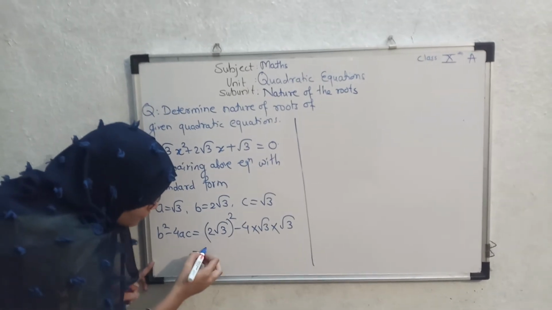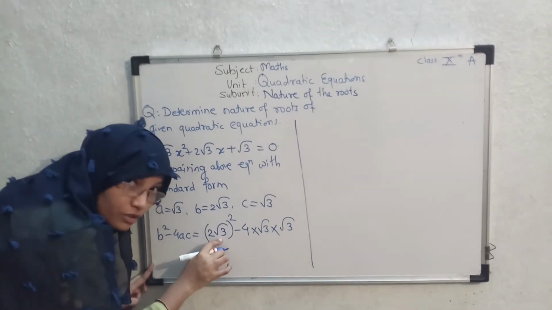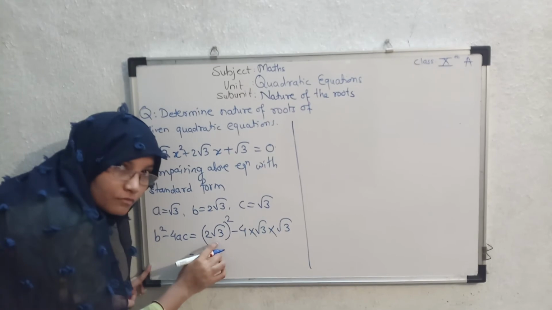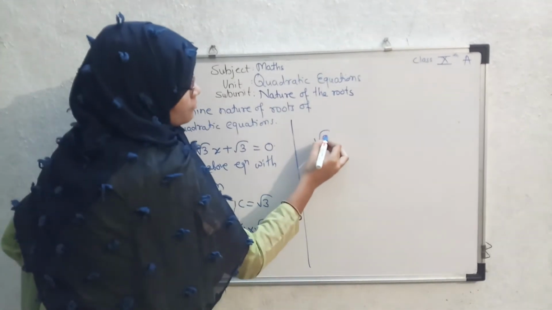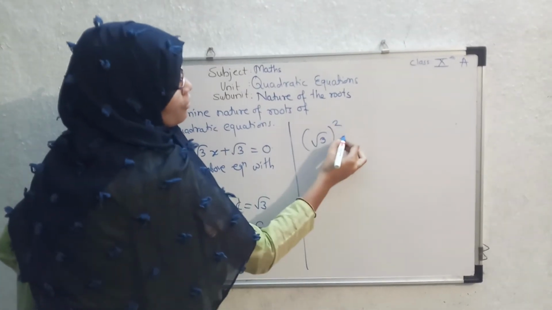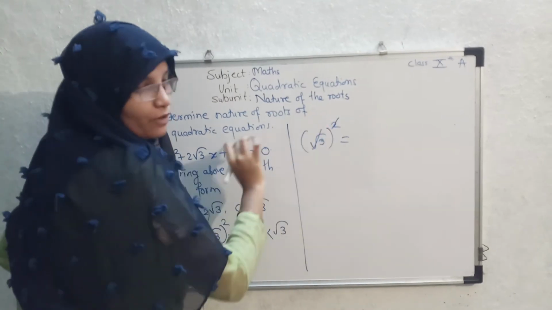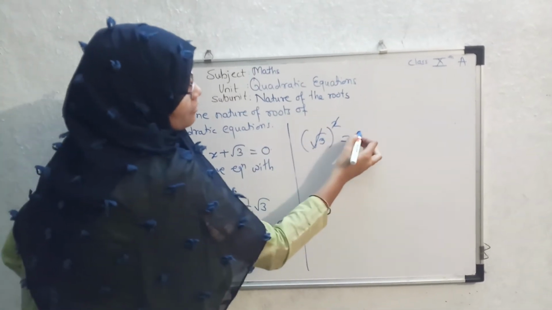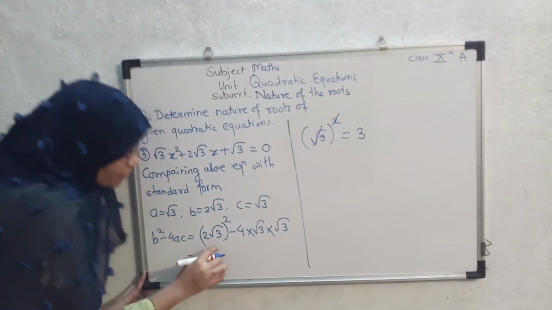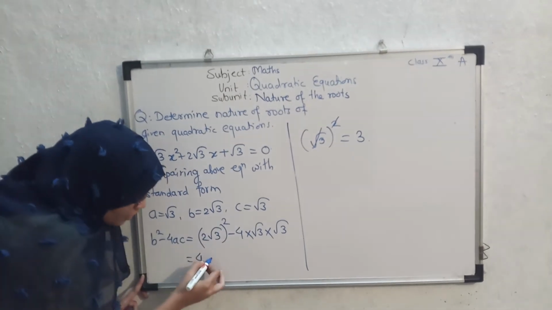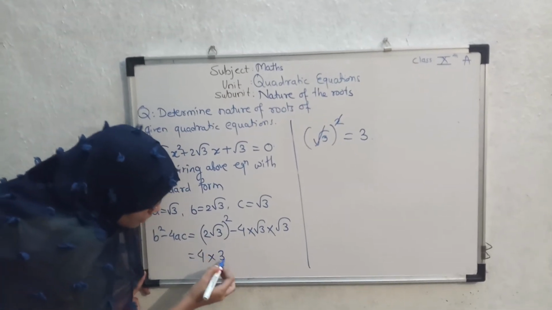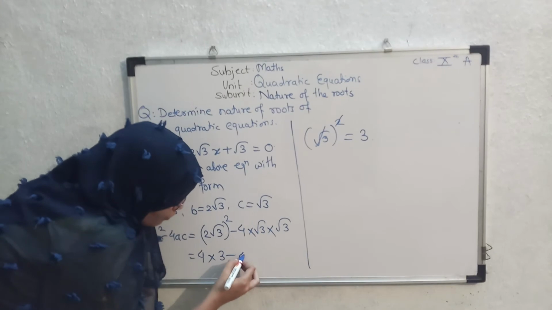Square of 2 is 4. Square of root 3: square root and square cancel each other, our answer is 3. Therefore 2 square is 4 into root 3 square is 3, minus 4.